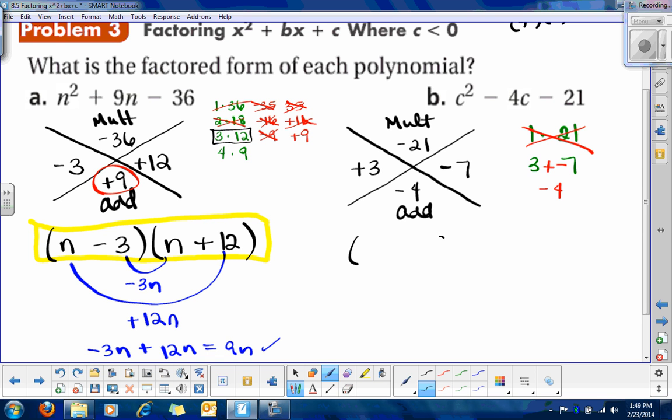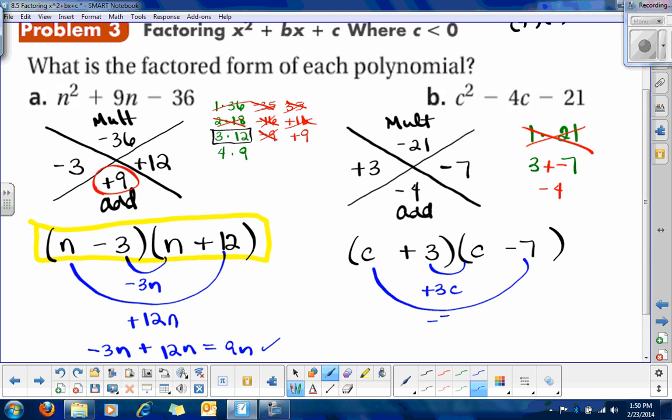So now we can write our trinomial in the form of a product of two binomials. So c squared is c times c, and then we're going to write our factors into the binomials. So that's going to be plus 3 and minus 7. And then again, you can check. So 3c, that's positive, that's our inner term. Our outer term is negative 7c.